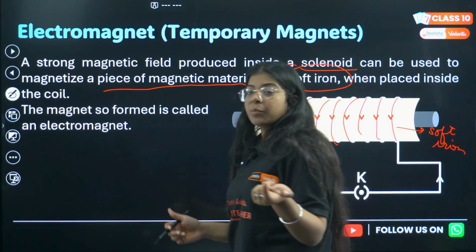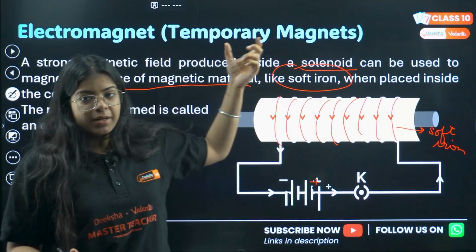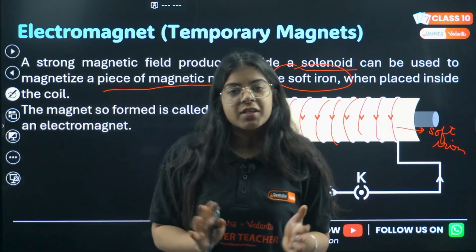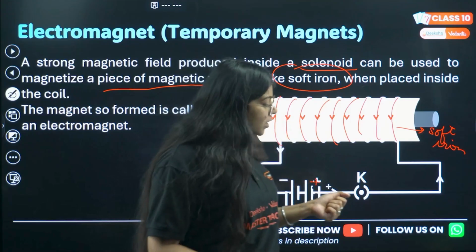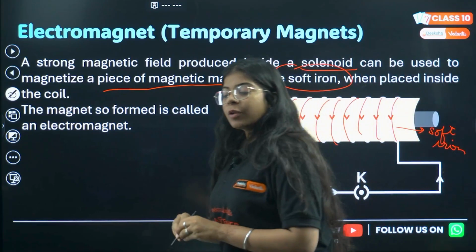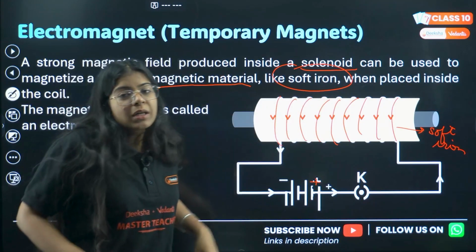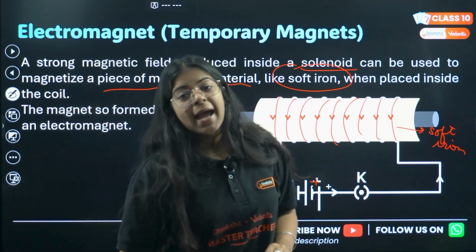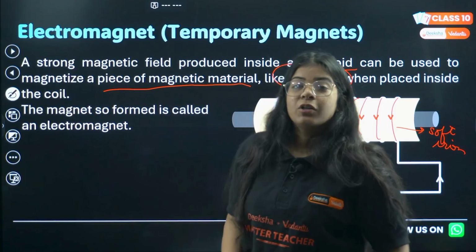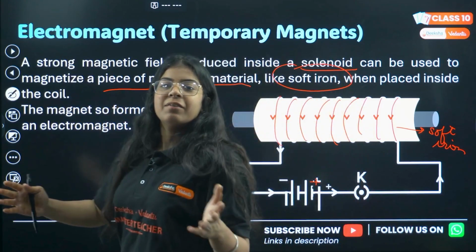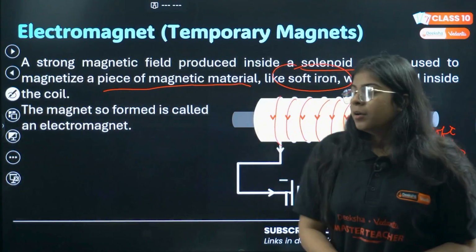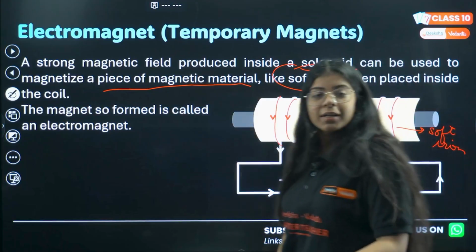But a very important point: there is a word written, temporary magnets. Why? Because as soon as I switch off the current, as soon as I pull the plug out, this soft iron will stop behaving like a magnet. It will behave like a magnet only while the current is flowing, and because it becomes a magnet due to an electric current, we call it an electromagnet.